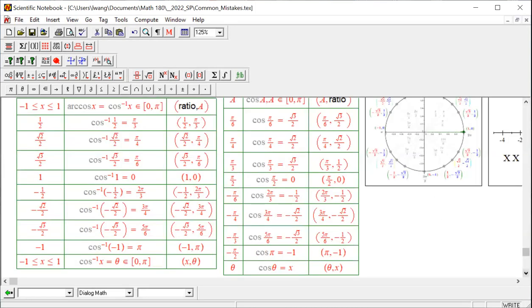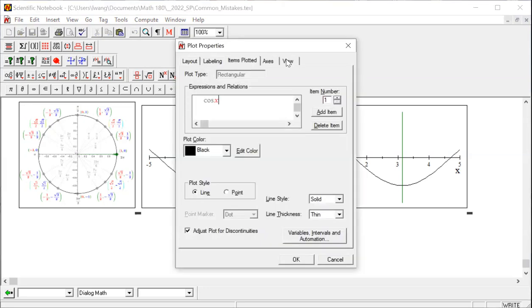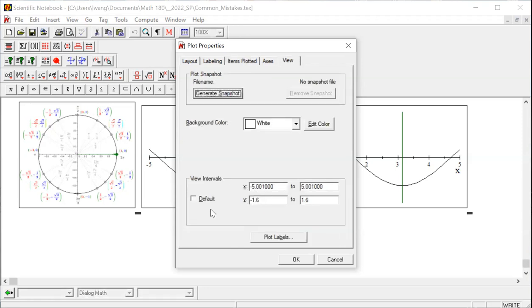Hold on. On this picture, I need to make some adjustment because this time you see the cosine piece is between 0 and pi. So this piece and the arc cosine. Arc cosine's range is between 0 and pi, so I have to make some adjustment.